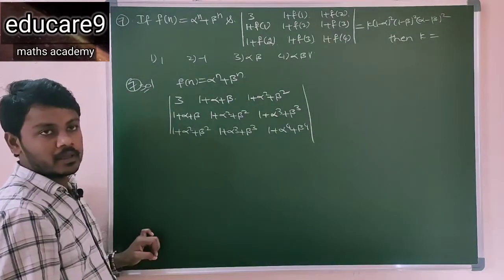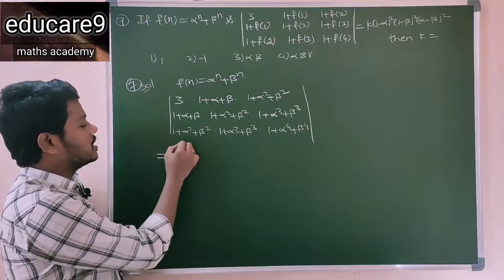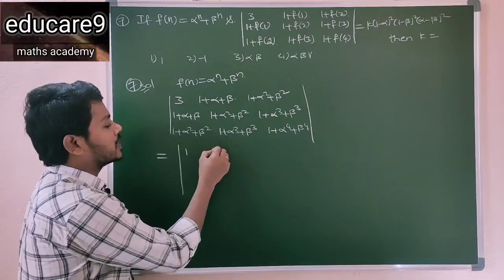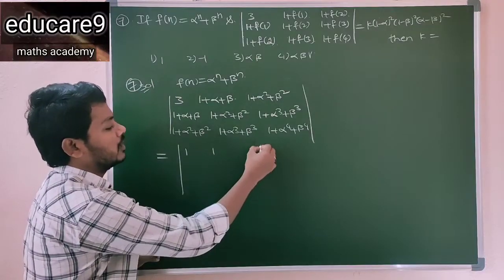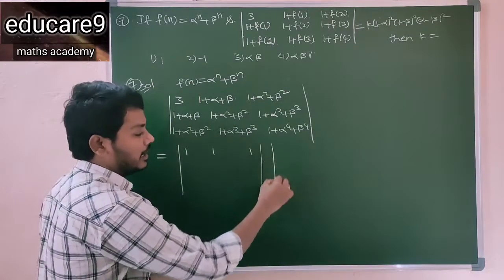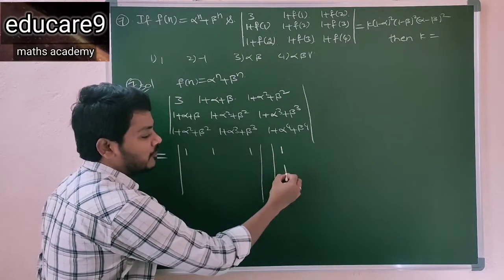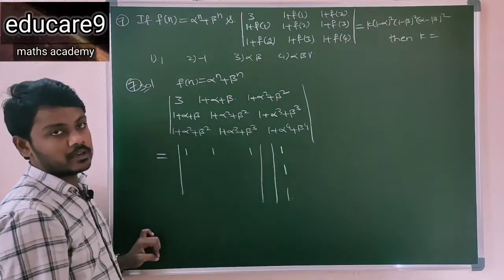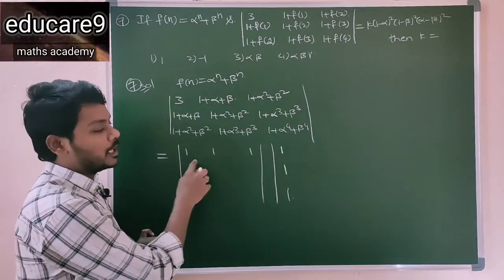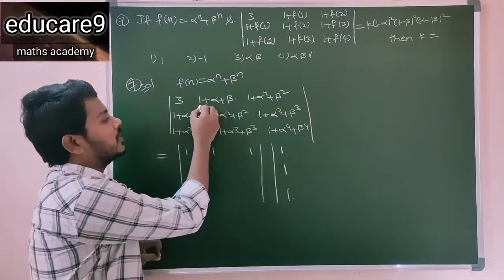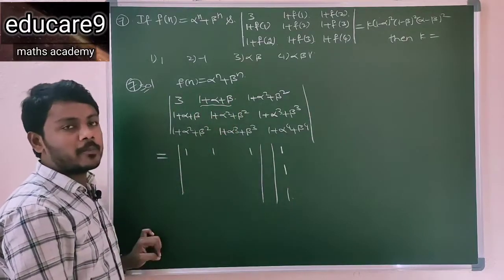Okay. Now this is written as follows. So see here, write the first row as all 1, and for the second determinant you have to write the first column as 1. See here, clearly if you multiply these two you will get 3. And the second one is what? 1 plus alpha plus beta.